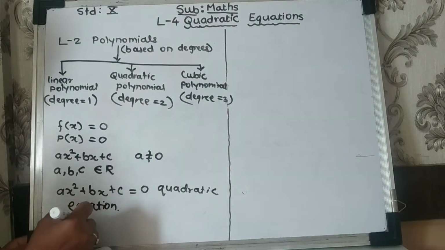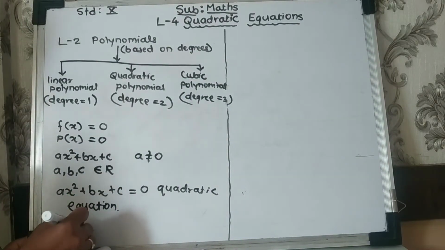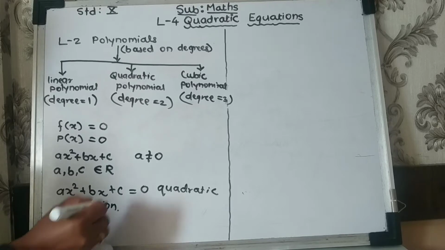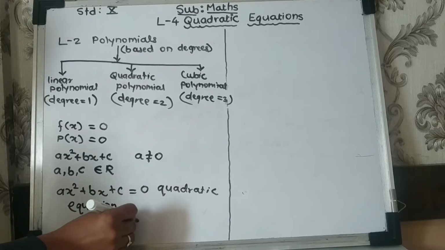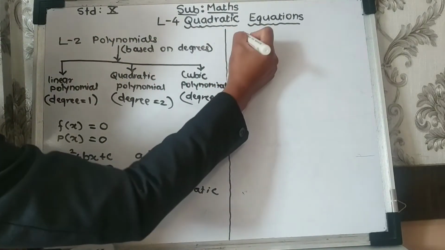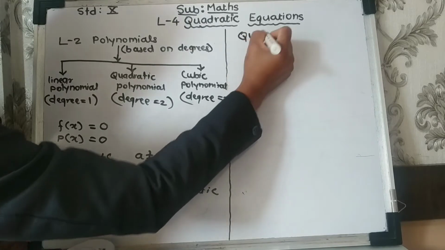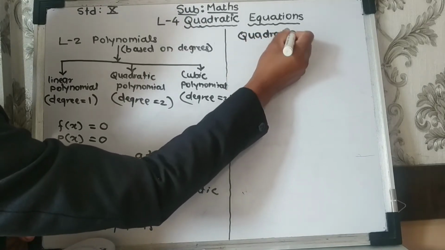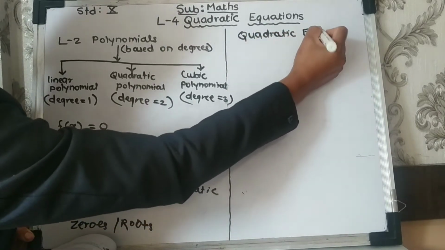So in this lesson we are going to find zeros or roots by different methods. At the end of the chapter, we will also discuss some applications of quadratic equations in daily life situations. Now, let us move towards what quadratic equations actually are and their standard form.